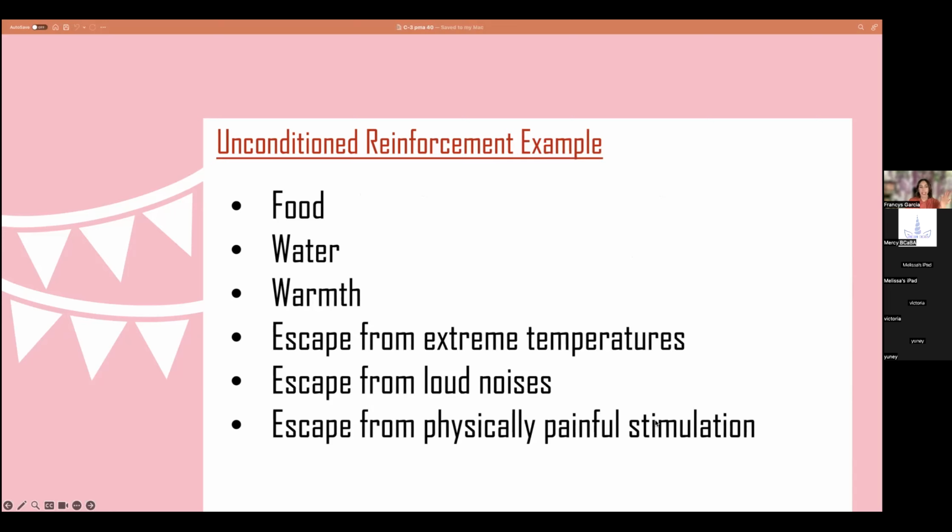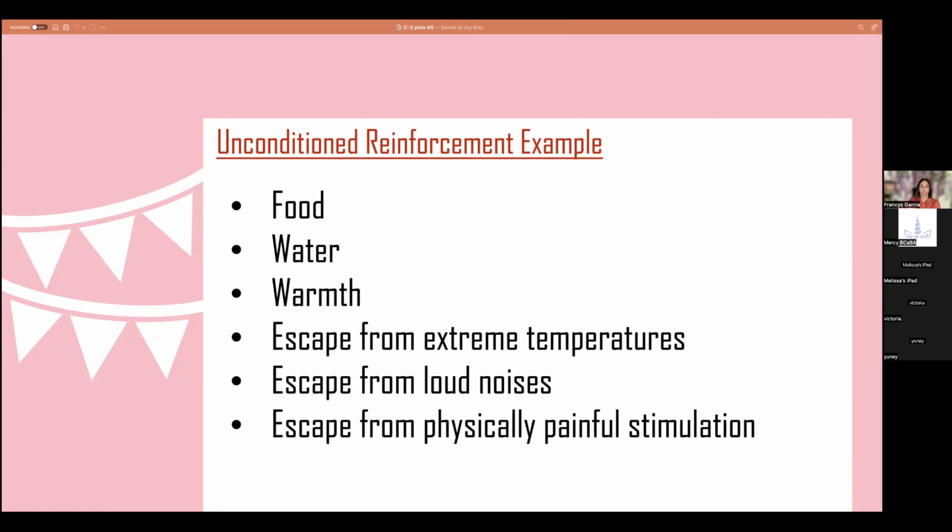Here are some typical examples of unconditioned reinforcement that I was just mentioning: food, water, warmth, escape from extreme temperatures, so either too hot or too cold, escape from loud noises, escape from physically painful stimulation. Something hurts, brings us pain. Those are not things that we were conditioned to, nobody had to teach us how to feel pain.